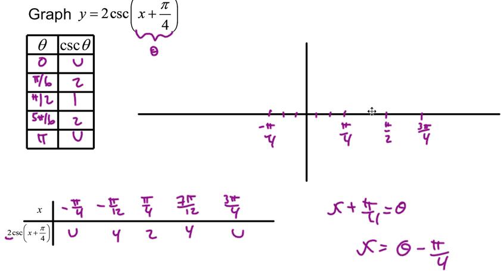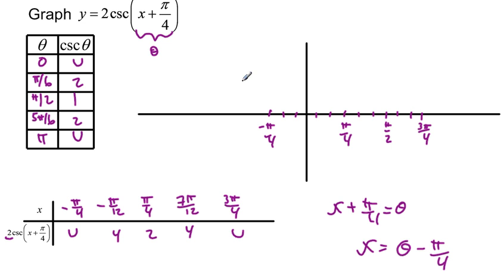These are all little hash marks in terms of pi over 12. Let me reiterate: this is pi over 12, 2 pi over 12, 3 pi over 12, and 3 pi over 12 is pi over 4. And watch this: 1, 2, 3, 4, 5, 6. So this is 6 pi over 12, and 6 over 12 is pi over 2. So I did this in increments of pi over 12.